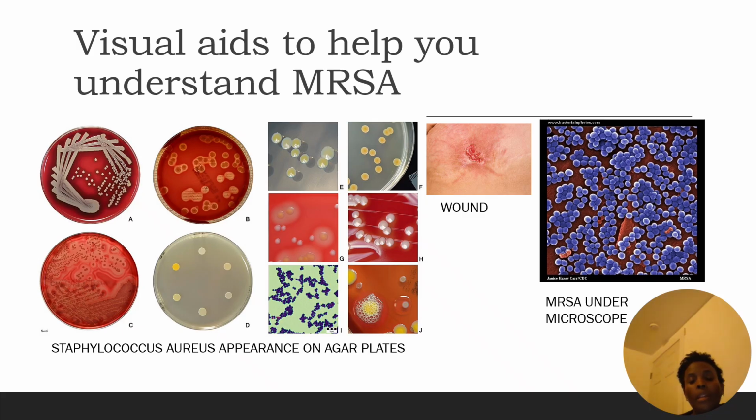In the middle picture, you can see a wound on somebody's skin, but that is a very small wound compared to those that I've worked with. Almost all their legs are kind of eaten up with this bacteria. It's very stubborn, very stubborn.